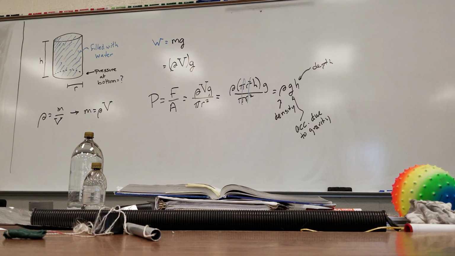So as h gets bigger, in other words, as the water gets deeper, there's more pressure, which is something that I think there were a couple of nods before on Friday: the deeper you go, the more you feel it in your ears.